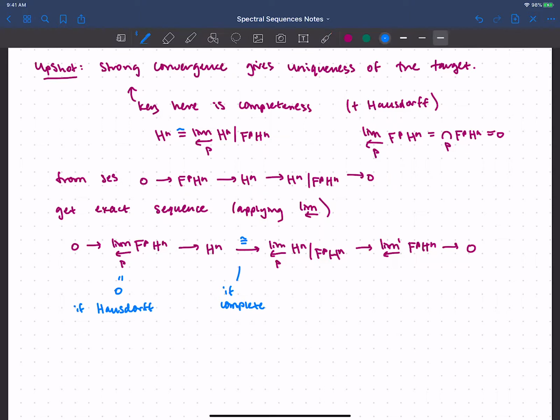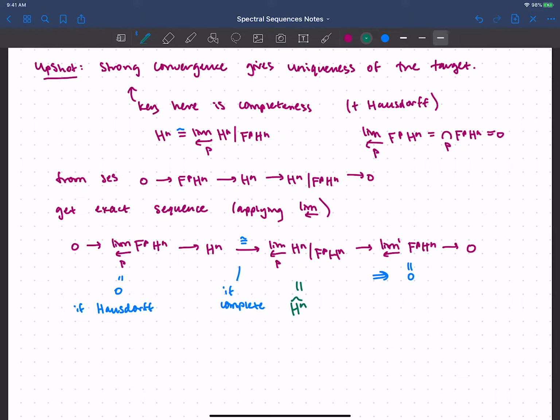But alternatively, I could say complete should mean that you're Hausdorff and lim1 vanishes, right? So this is going to imply that this is 0. And then this piece in the middle is sometimes called the completion.